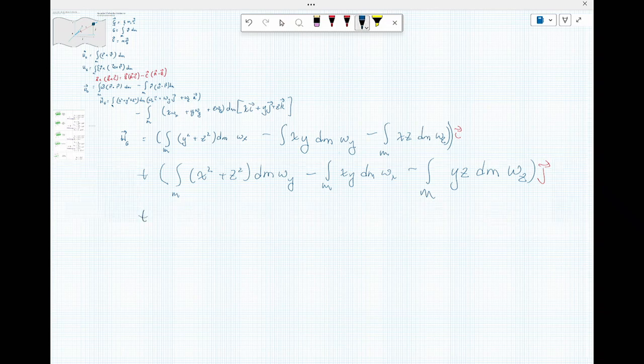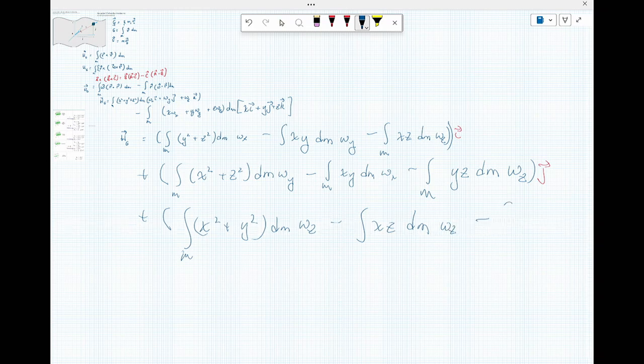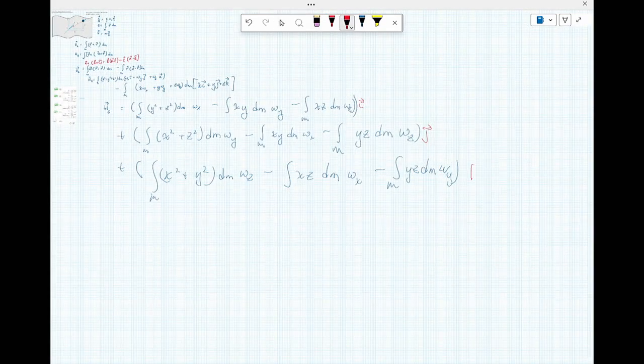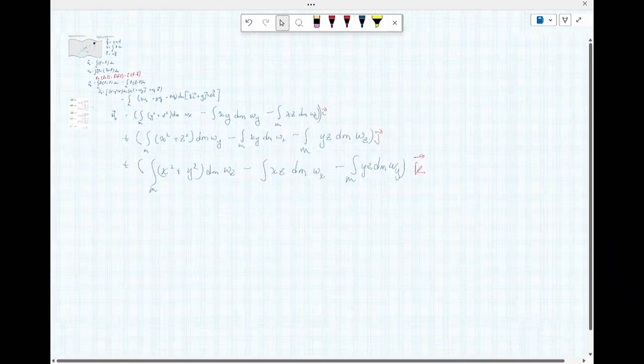Finally, over the mass, you have x squared plus y squared dm omega z minus the integral of xz dm omega x minus the integral of yz dm omega y, and all of that in k.